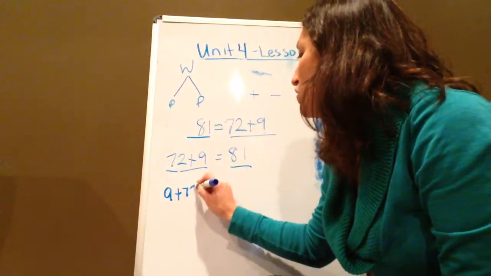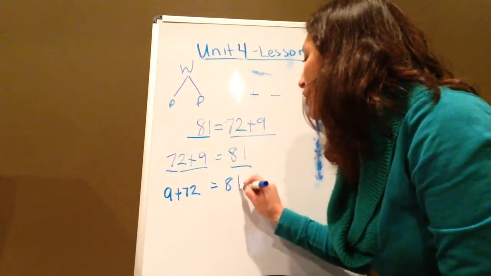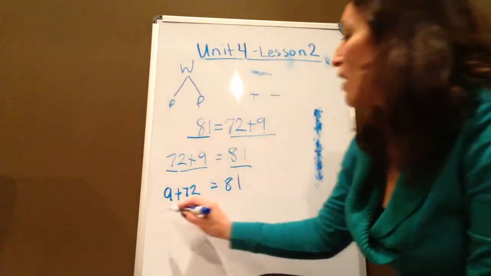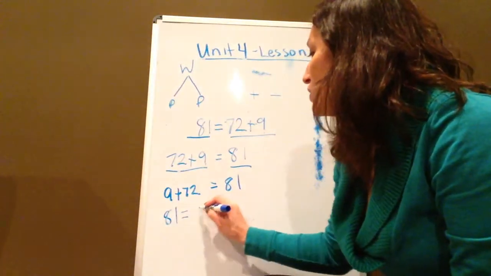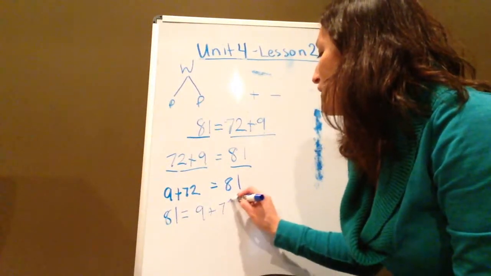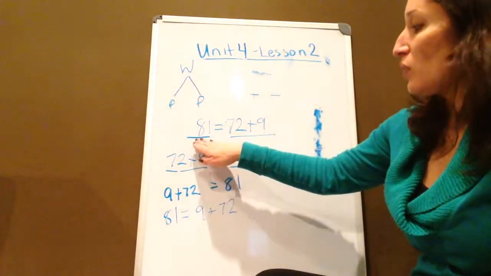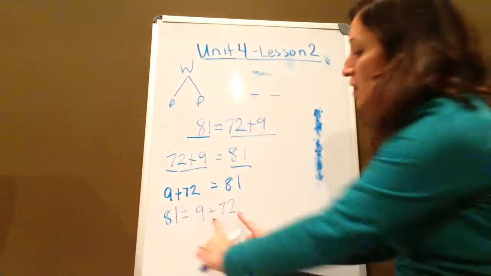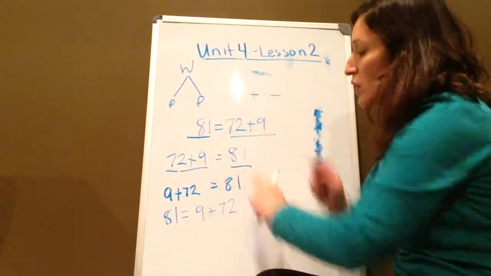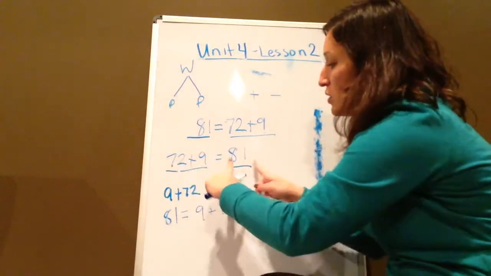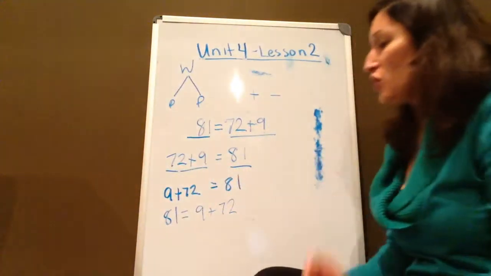So we could have 9 plus 72 equals 81. We could also have 81 is equal to 9 plus 72. Look at all the different ways I can show that. The total can come first, and these guys can flip-a-roo, or the parts can come first, and then they can flip to show the total.